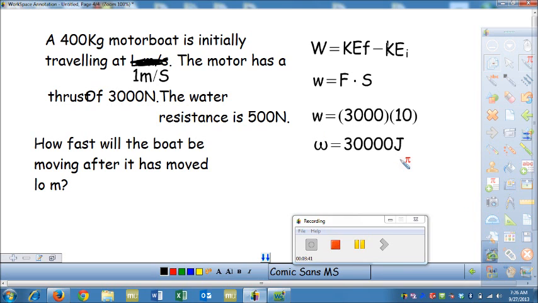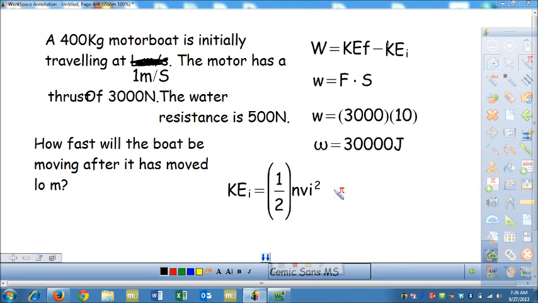All right. So now let's see. Kinetic energy initial equals 1/2 m v initial squared. So that's going to be equal to, let's see, our m is 400, our v initial is 1, right?